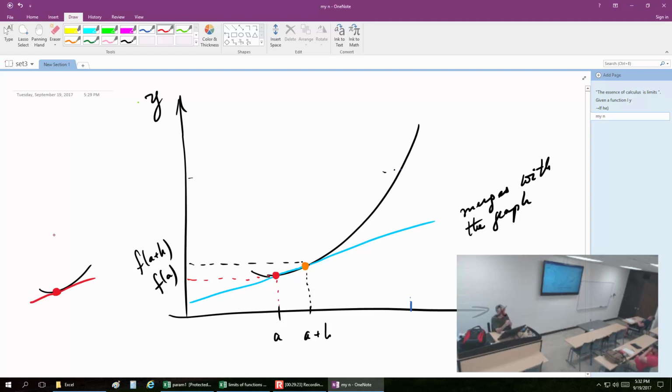Well, the problem is that there's only one point that we know is there. And we cannot draw a straight line through one point. So that's why we need 2 points. 2 points determine a straight line. We can compute its slope, and that part works out.